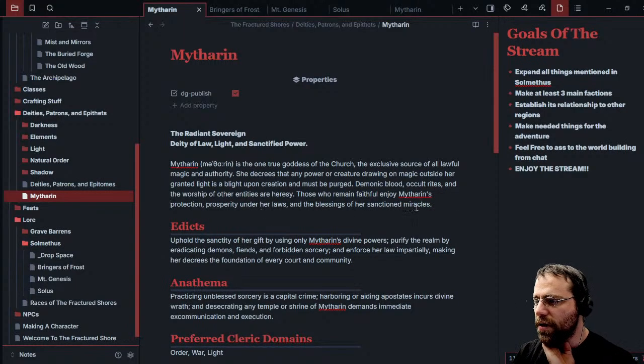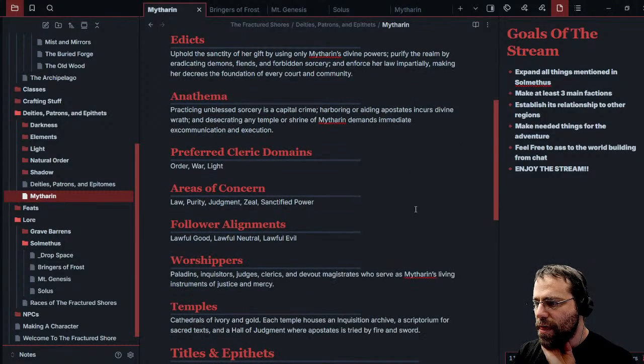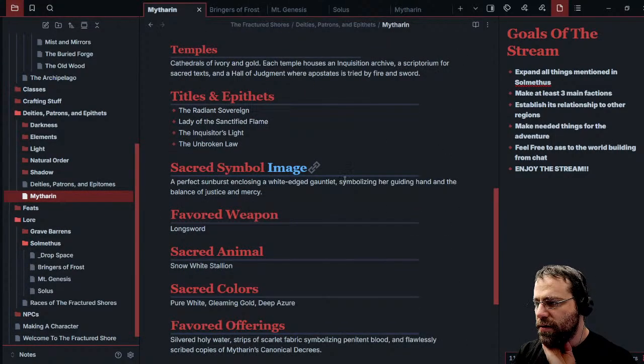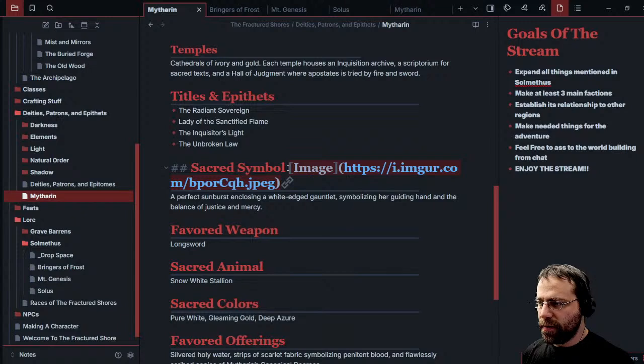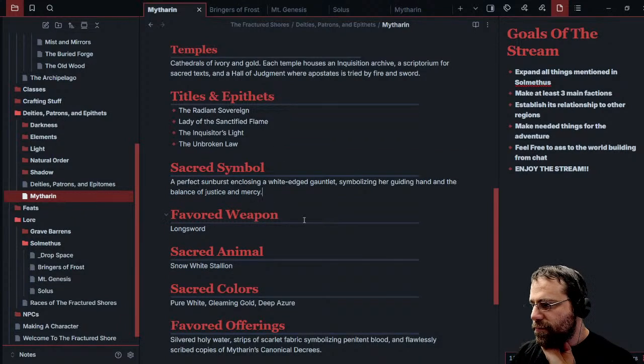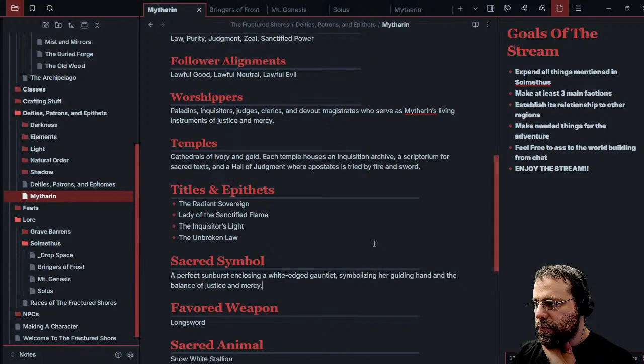Prosper under the law, blah, blah, blah. This gives a good exposition on Matharan works, which will be kind of the best on its own. We can just get rid of this. Unbroken Law, Inquisitor's Light, Lady of the Sanctified Flame.